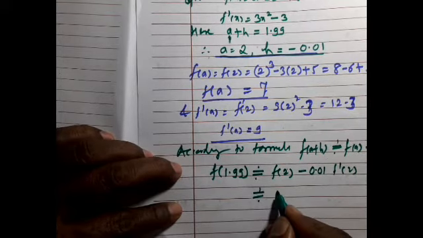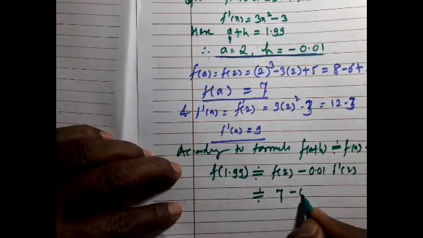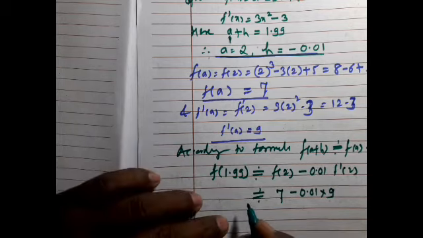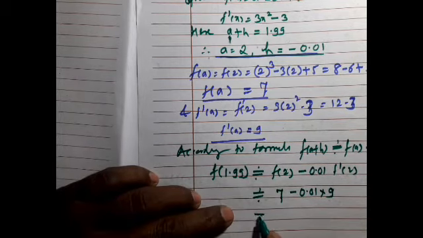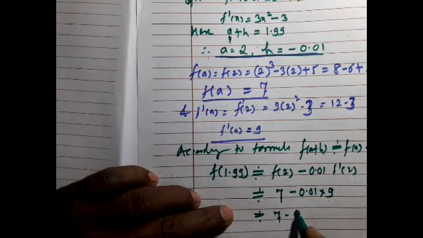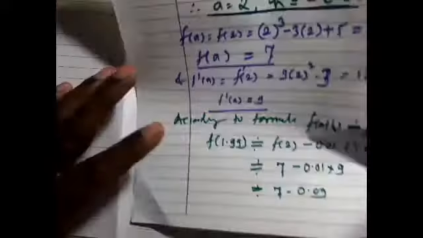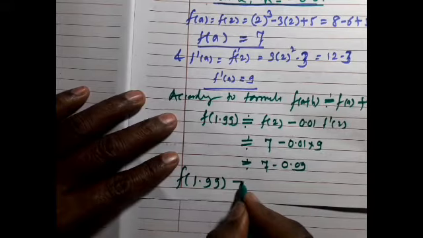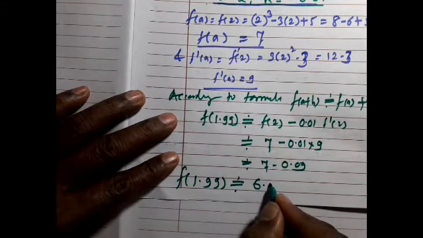This is approximately equal to 7 minus 0.01 into 9. That is equal to 7 minus 0.09, and therefore f of 1.99 is approximately equal to 6.91.